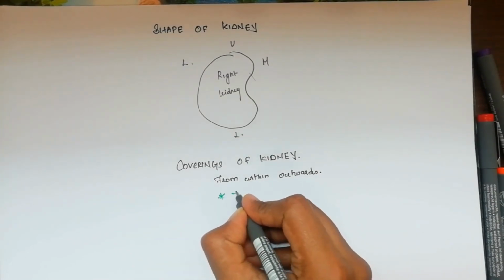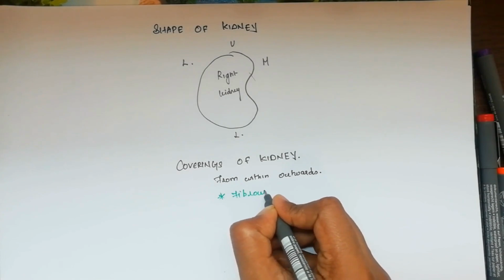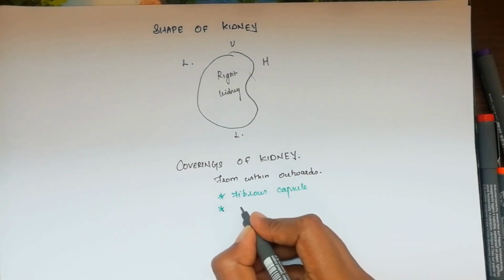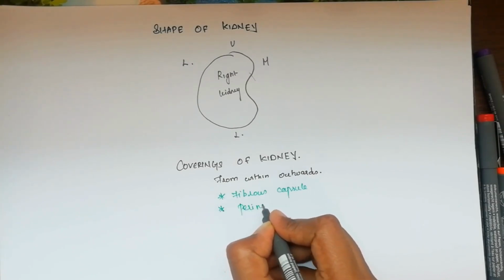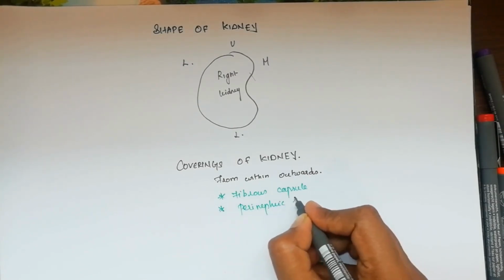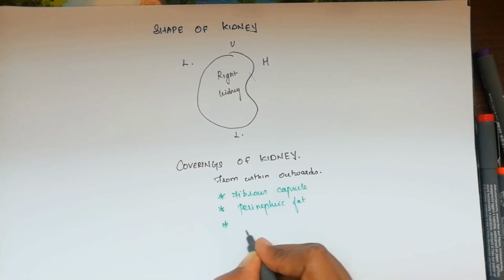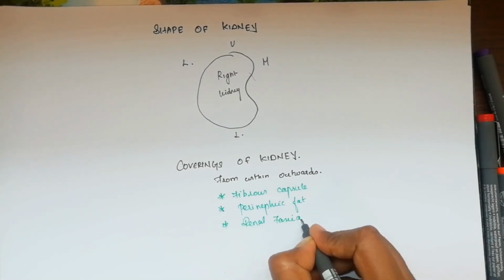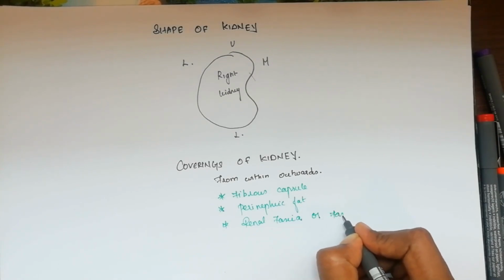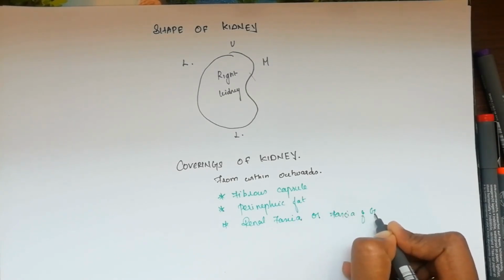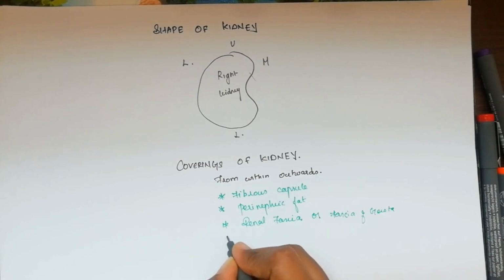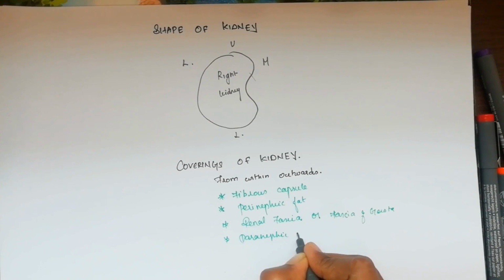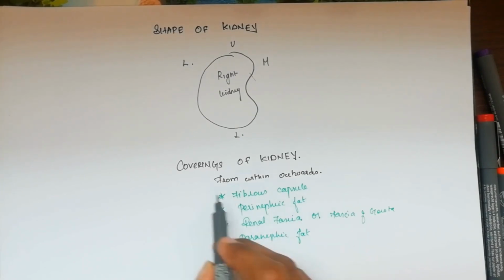The next one is a fatty layer called perinephric fat, and then we have got the renal fascia, or fascia of Gerota, and then we have got paranephric fat. So these are the layers covering the kidney.